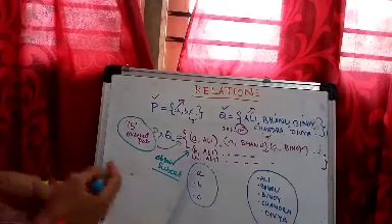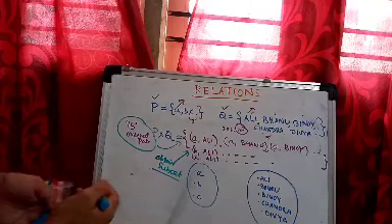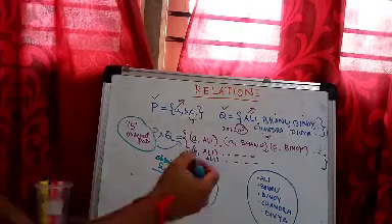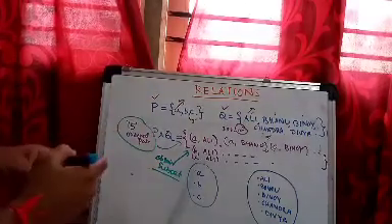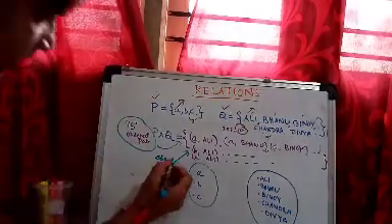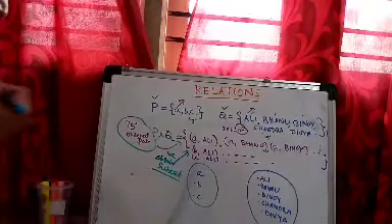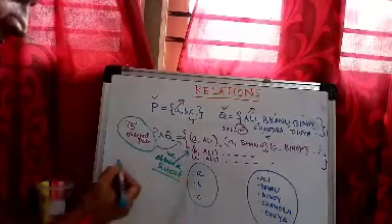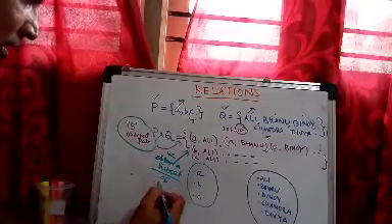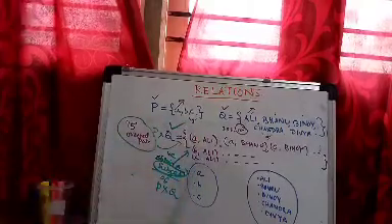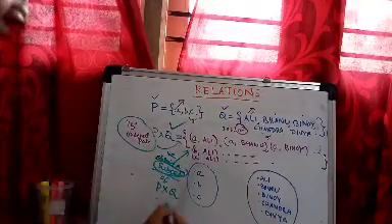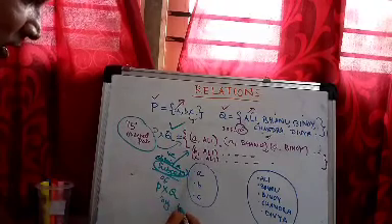We'll obtain a subset of P cross Q by introducing a relation between the first element X and the second element.